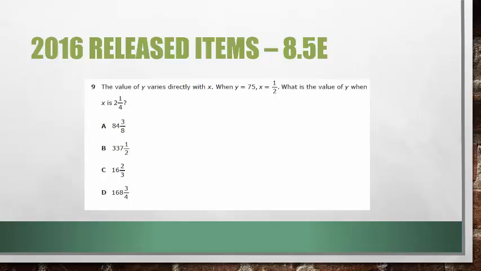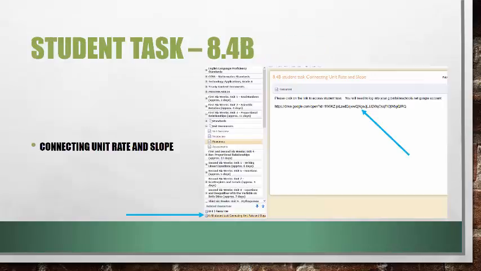That could be an alternate method if you are teaching your students y equals kx. So you can teach them y equals kx, but you could also show them the proportional way as another means of solving a problem like this, and it might be easier for some of our students to be able to show mastery of the standard that way.